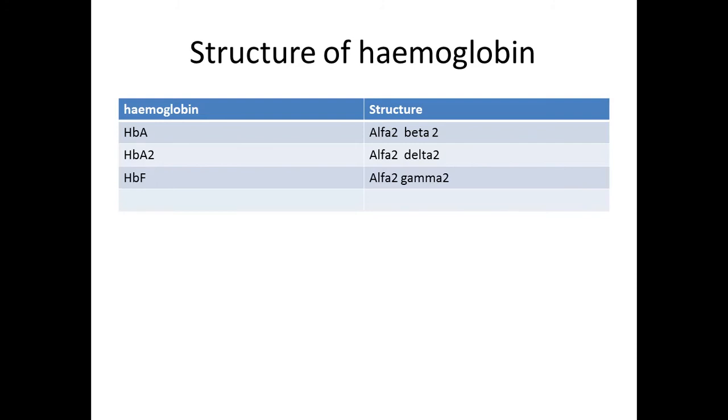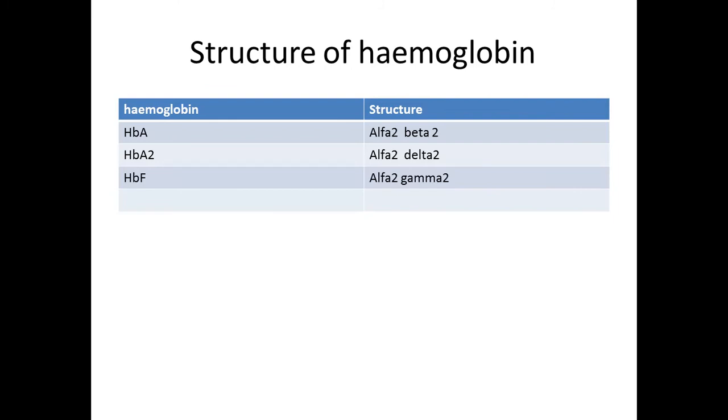Now hemoglobin contains 4 chains. Hemoglobin A contains 2 alpha and 2 beta chains. Hemoglobin A2 contains 2 alpha and 2 delta chains, while F contains 2 alpha and 2 gamma chains.